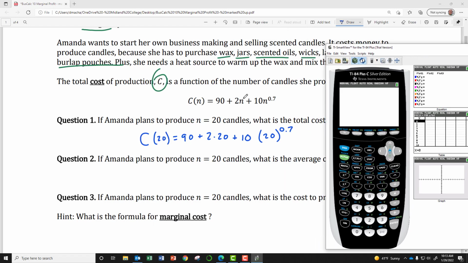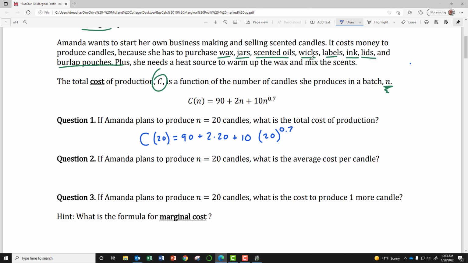And what I'm going to punch in here is 90 plus 2 times 20 plus 10 times 20 raised to the power, on your calculator, that's this little caret symbol, 0.7. So my calculator tells me this is going to be $211, and we'll just round to the nearest dollar. So my cost of making 20 candles is going to be $211.